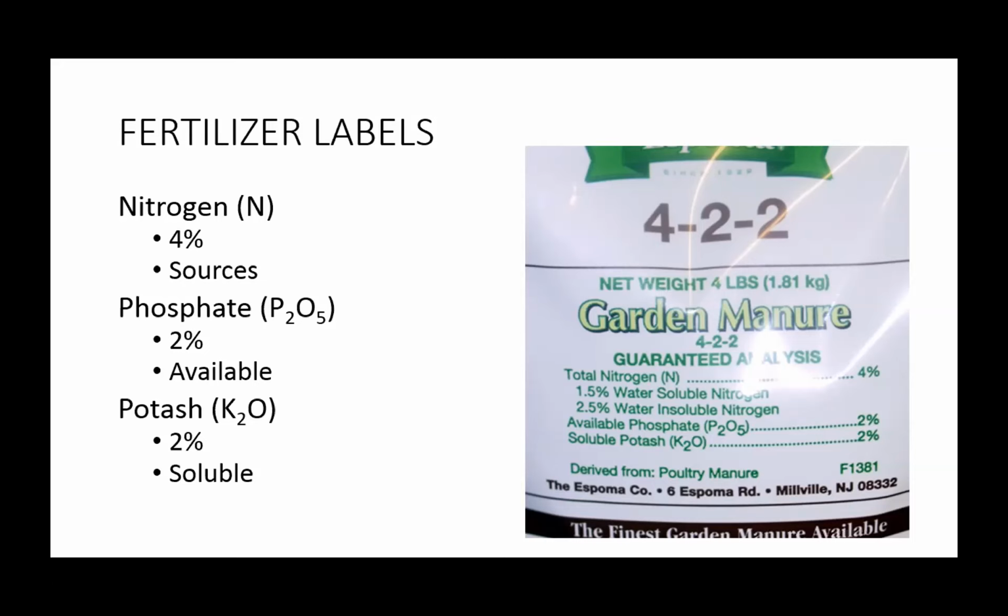So if you don't have 100 pounds, you have to do a little bit of math to figure out how much nitrogen, phosphorus, and potassium is in that. Looking at your labels is important. There's always some micronutrients in there as well. So you want to take a look at what's all included besides nitrogen, phosphorus, and potassium.